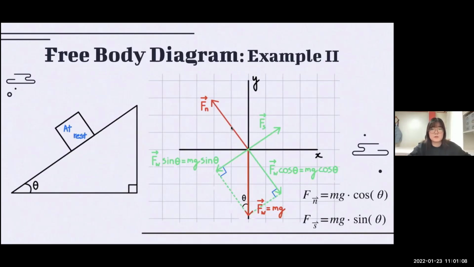To see that visually, we divide gravitational force into 2 components, and one would be mg cosine theta and the other would be mg sine theta. Then we can see that the magnitude of normal force equals mg cosine theta and static friction force equals mg sine theta to make net force 0.